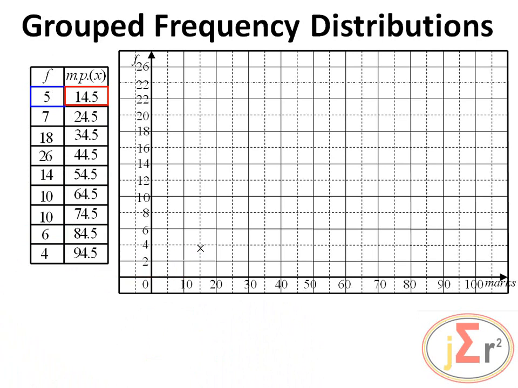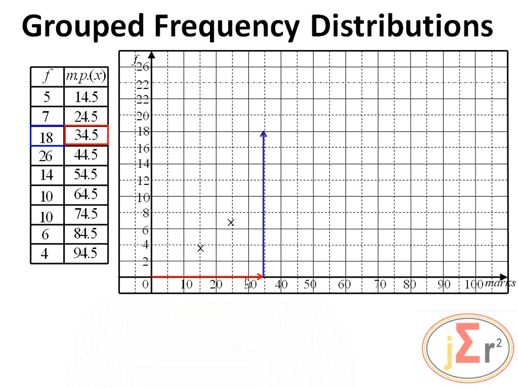For the next one, we will go out to 24.5 on the x axis and the height will be 7. And our x will go right there. For the other one, we go to 34.5 and the height is 18.